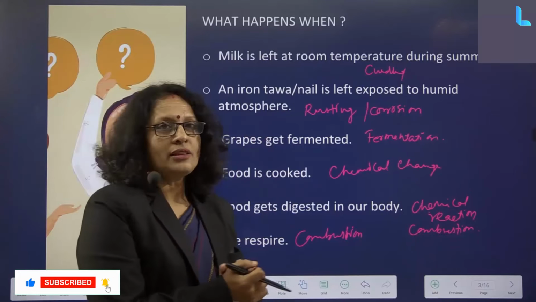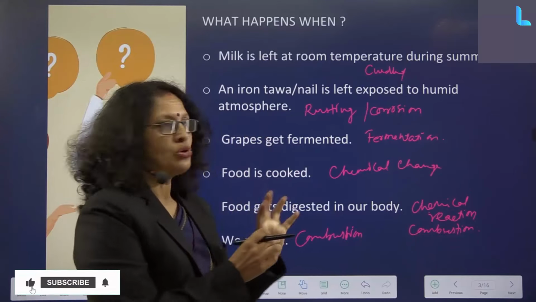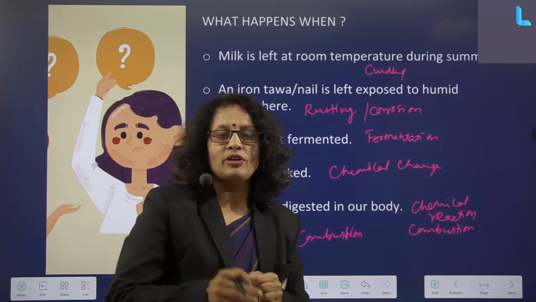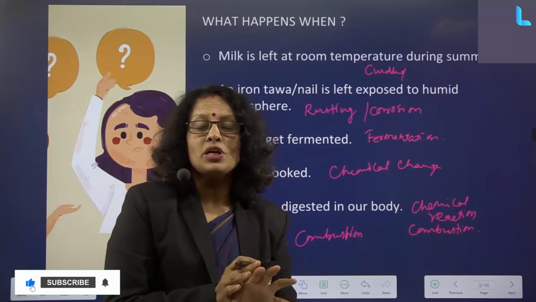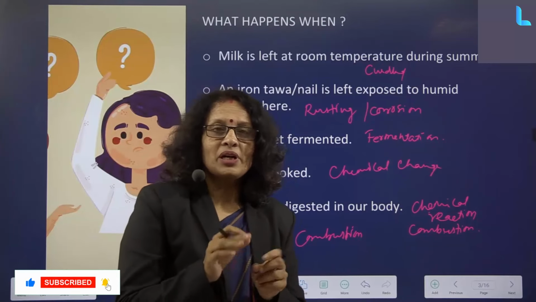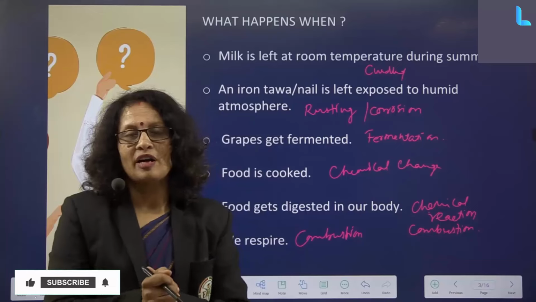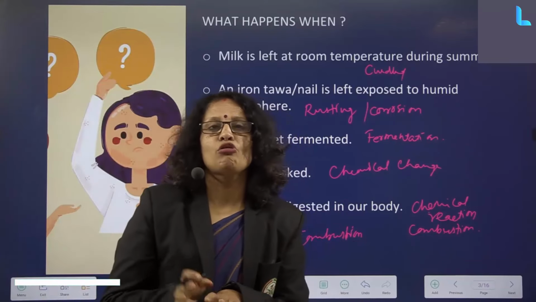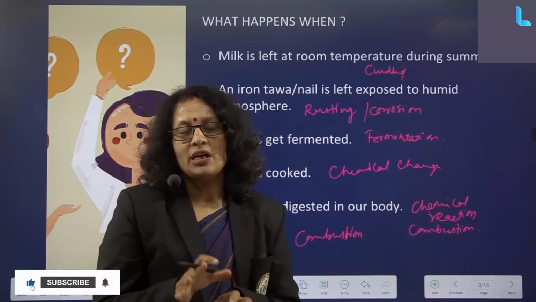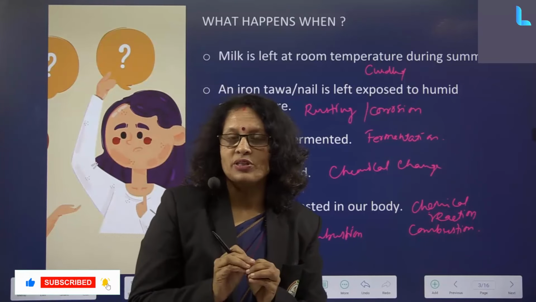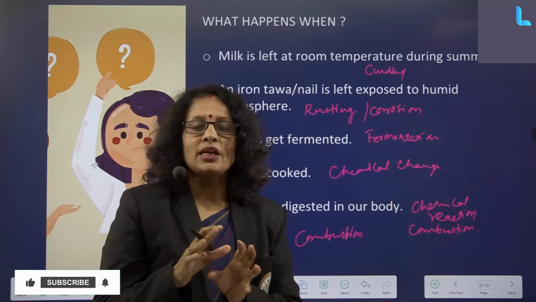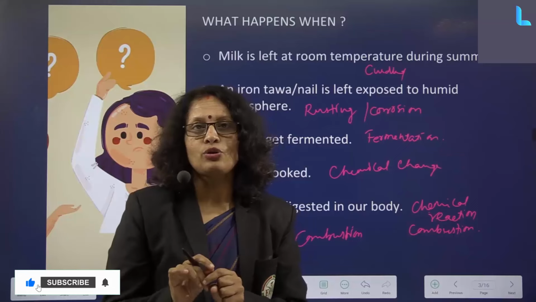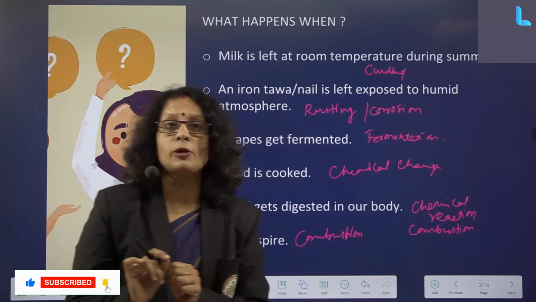Then an iron tawa is left exposed to a humid atmosphere. Iron, as all of you know, has very good tensile strength. It is one of the strongest elements. But the small disadvantage with this element is that whenever it comes in contact with any kind of moisture in the environment, it starts converting to a reddish brown color, rust.